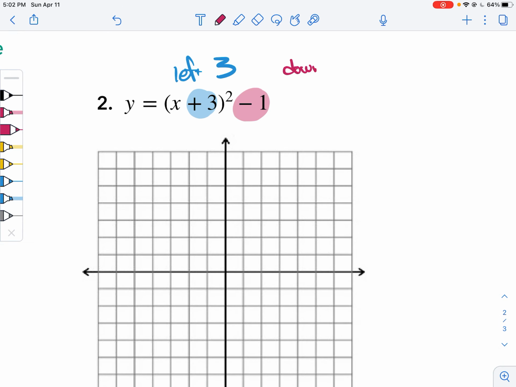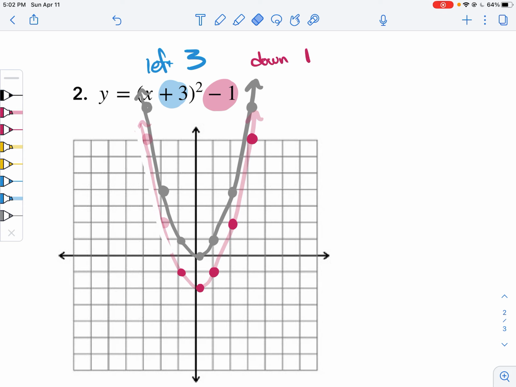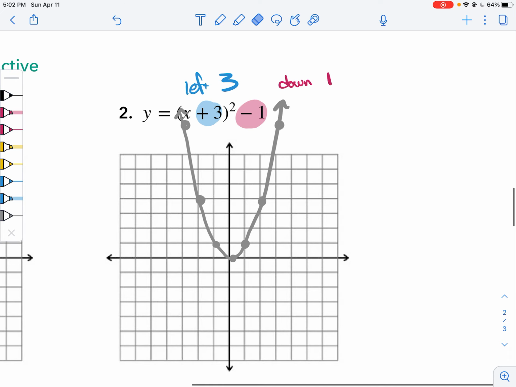That means we can take our original graph, and I had taken our original graph over here. But I'm going to get rid of the extra stuff. Now I've got my original guy.